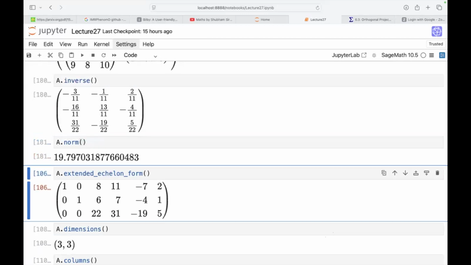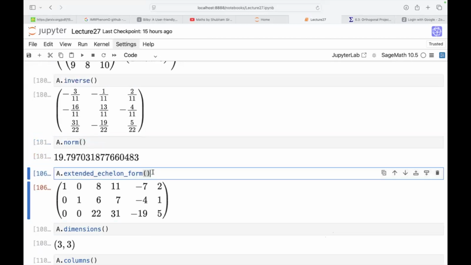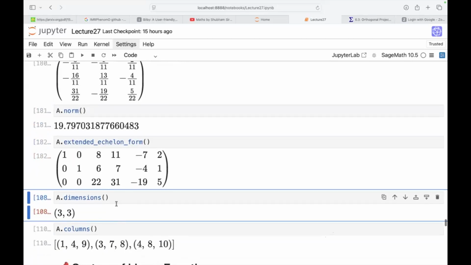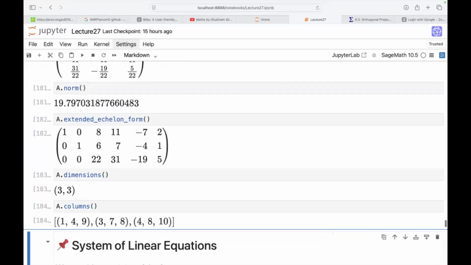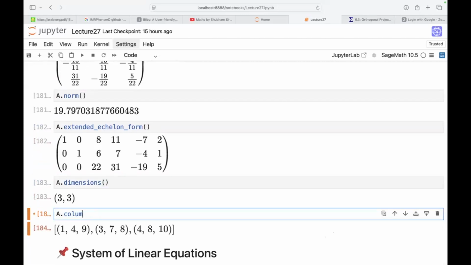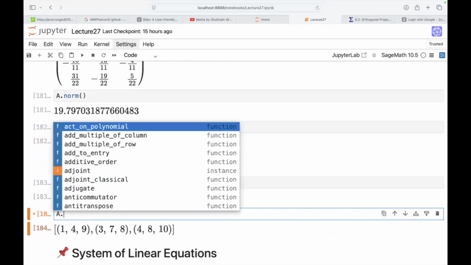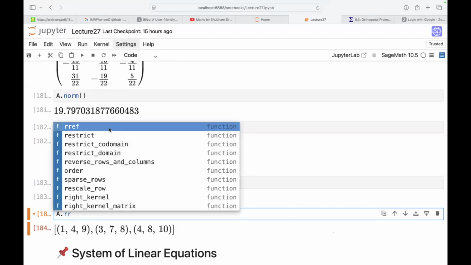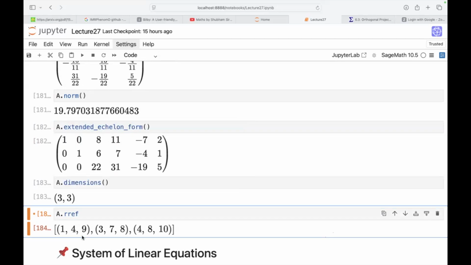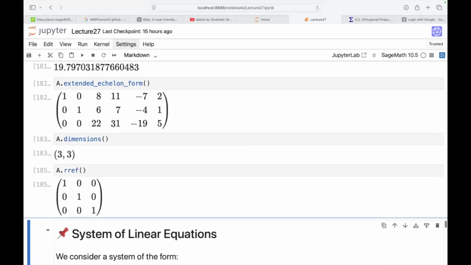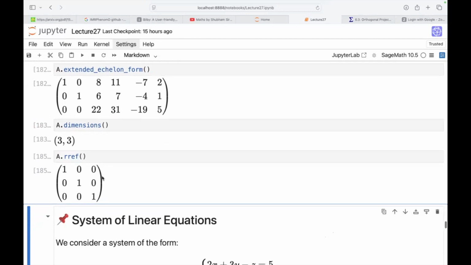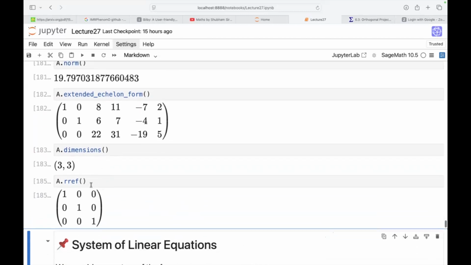So the A dot null is that and the extended expression from a dimension, column defined, and also the reduced echelon form for the identity matrix. The matrix is different.